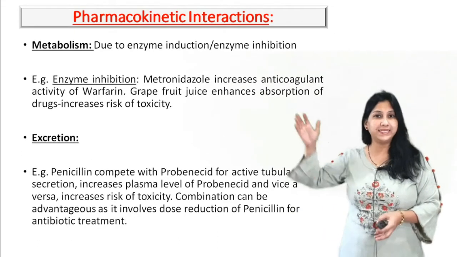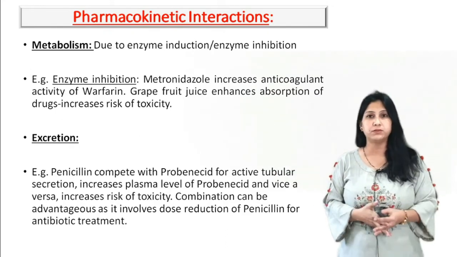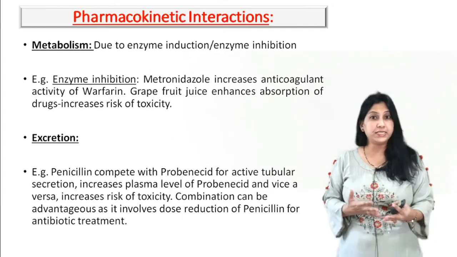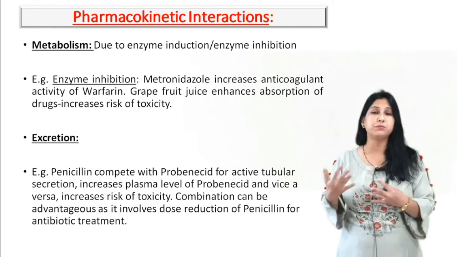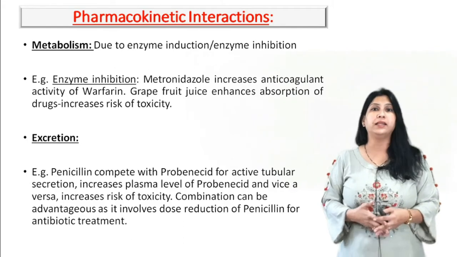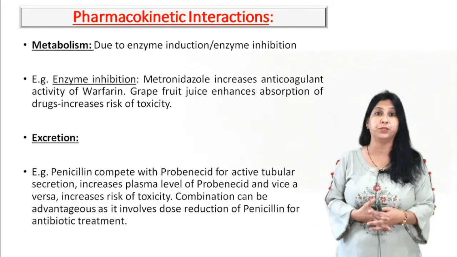Let's see the example related to a change in metabolism. Metabolism of the drug happens with the help of enzymes. If these enzymes are inhibited or induced, this may result in a change in the metabolism of the drug, and that may change the concentration available for the therapeutic response.